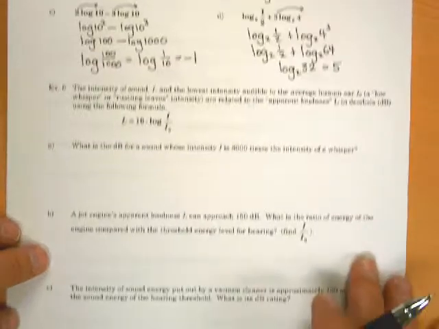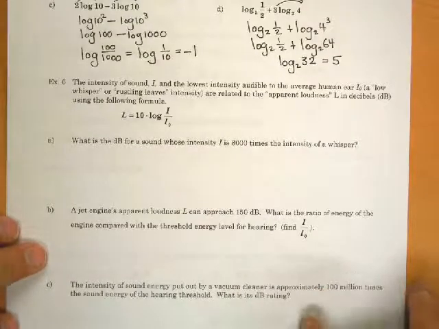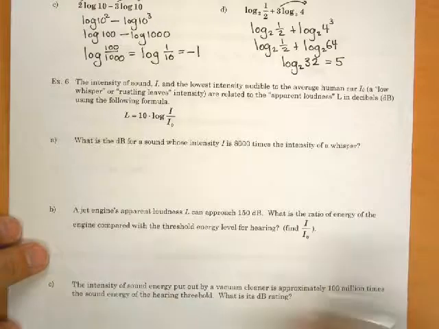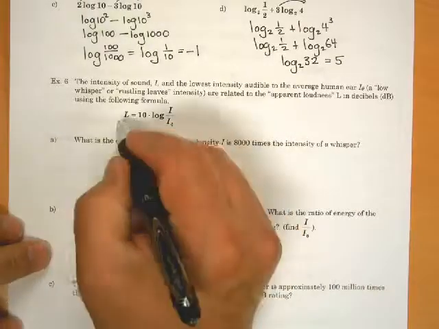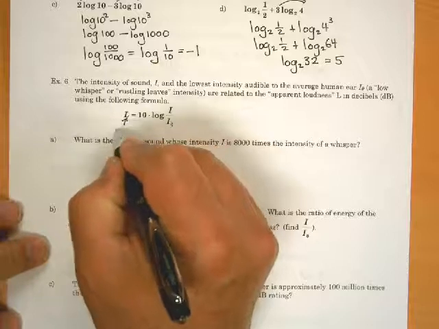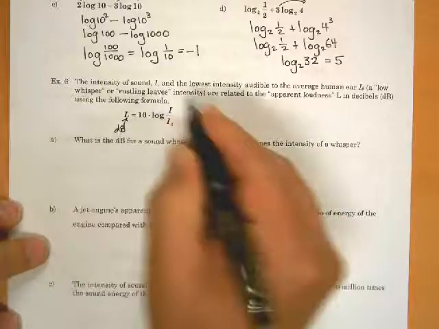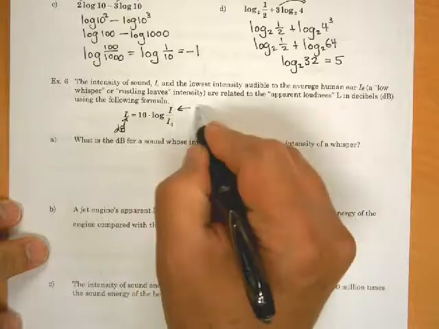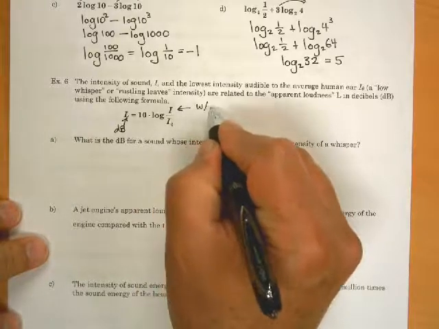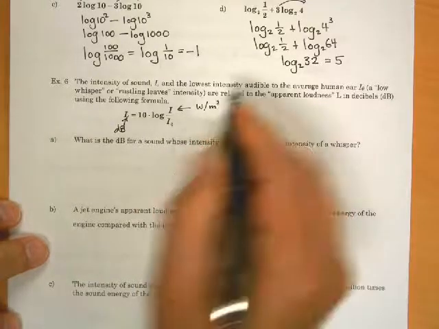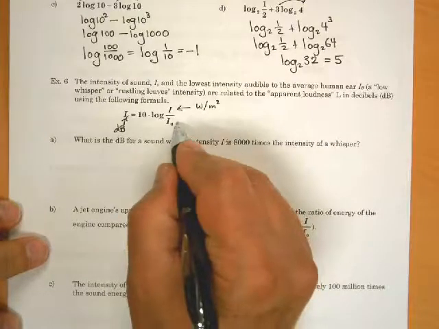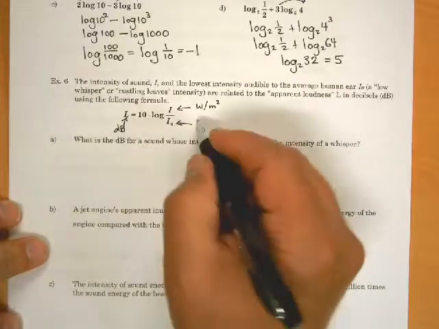Alright, sound intensity. There are 3 problems here that all use this formula. The loudness is measured in decibels, and this intensity up here is measured in watts per square meter. These are very small numbers, and this down here is called threshold hearing intensity.